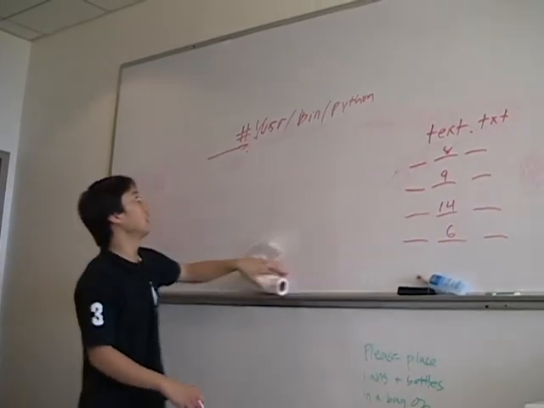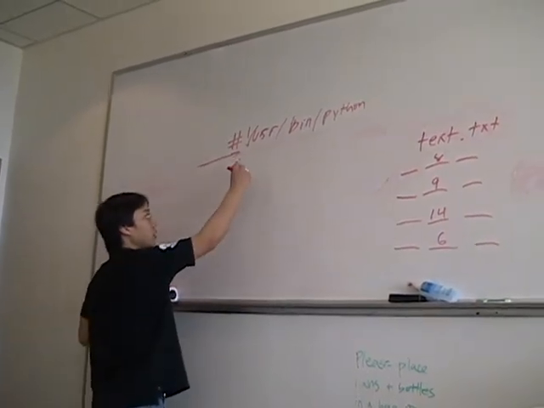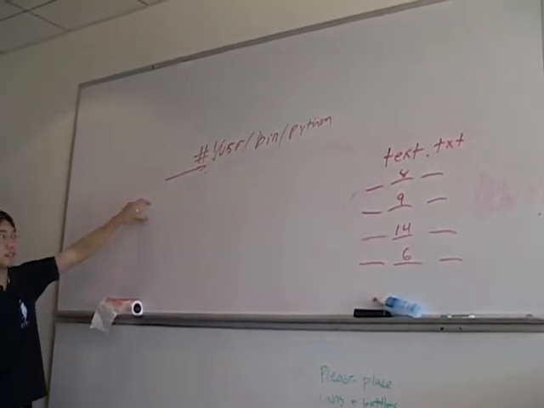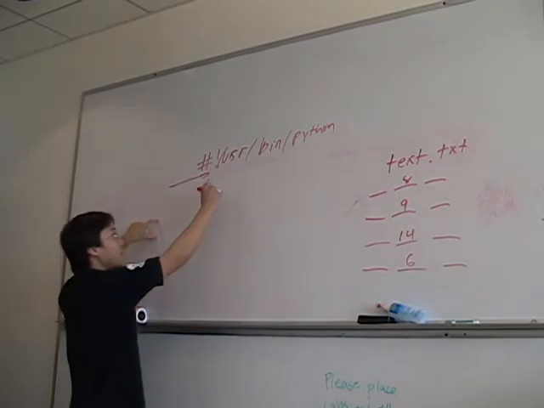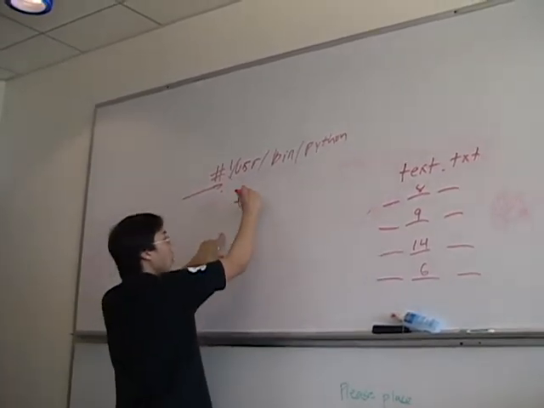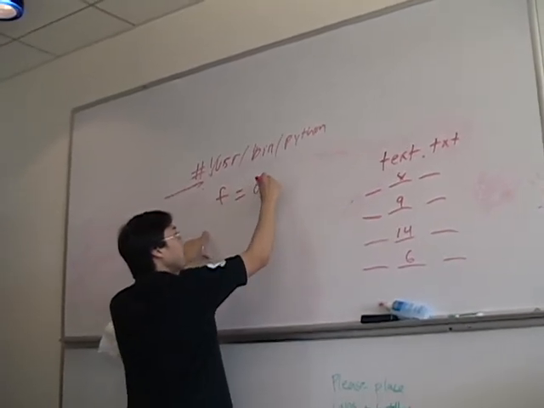First things first, you're going to open up this text file. In Python, to open up a text file, you have to first give it a variable name. Let's call it f. And the function to open it up is open.